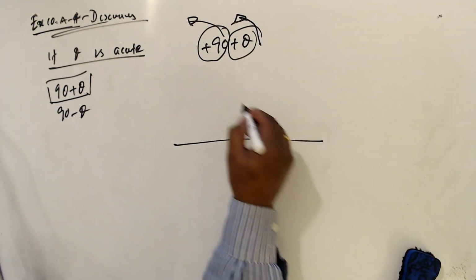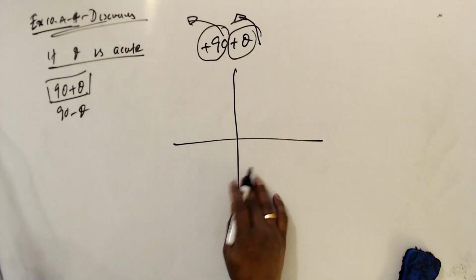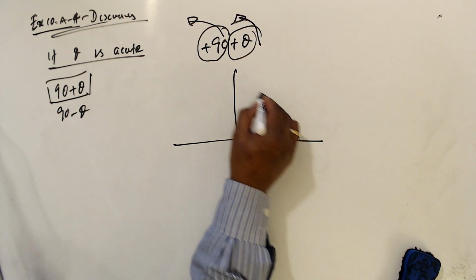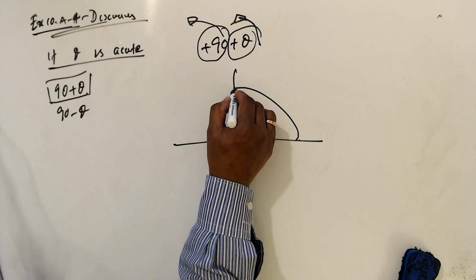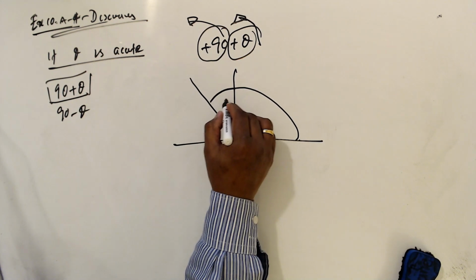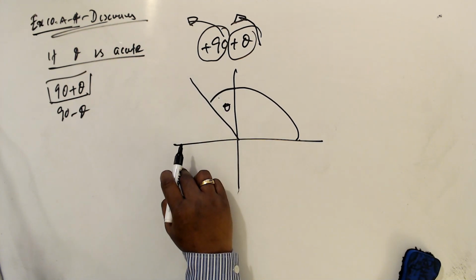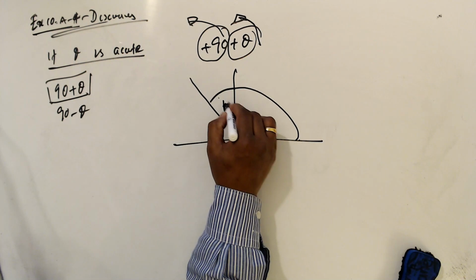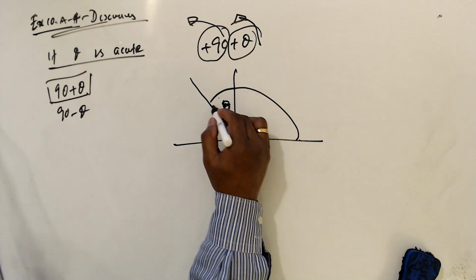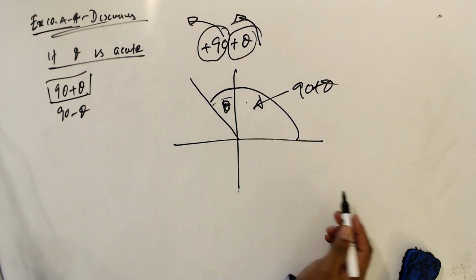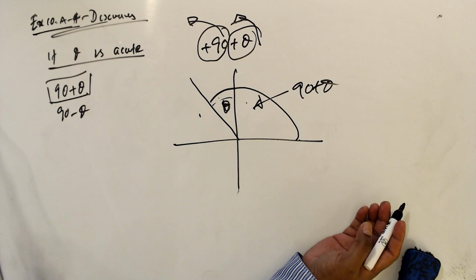So when you draw 90 plus theta, starting from here, this is 90 and another theta. Theta is acute, so we know that it's not going more than 180. So this is theta. So this angle is 90 plus theta. So 90 plus theta is in second quadrant.